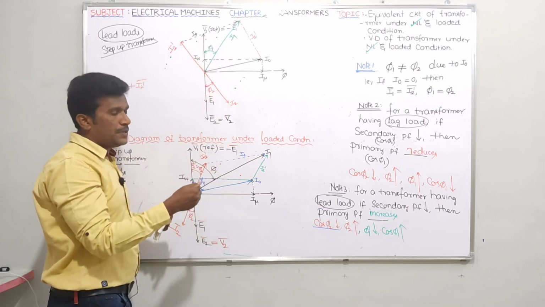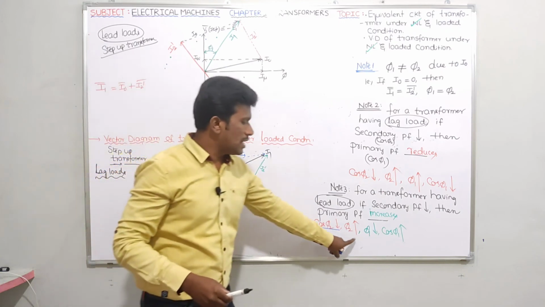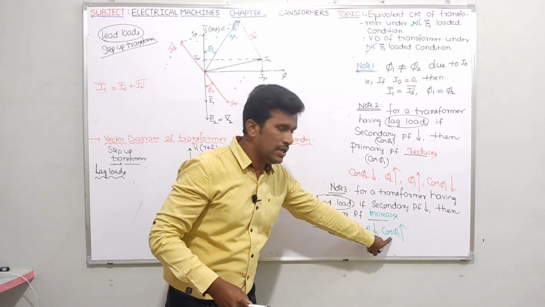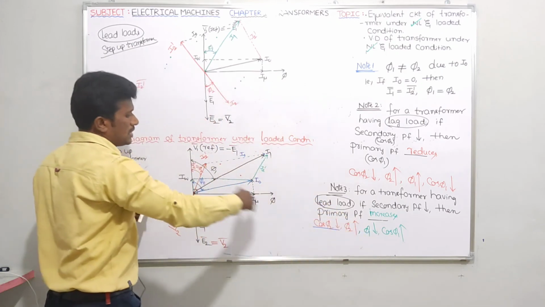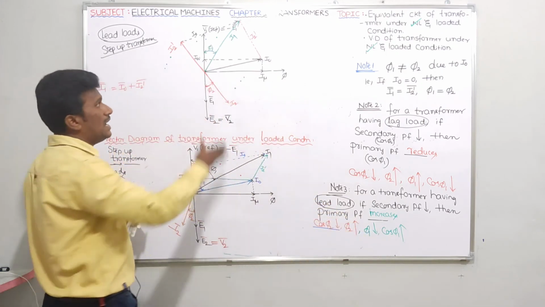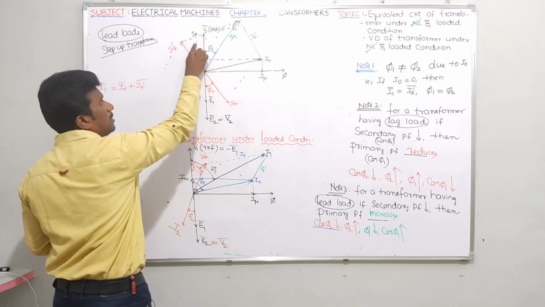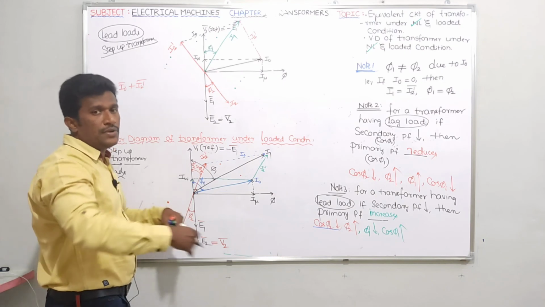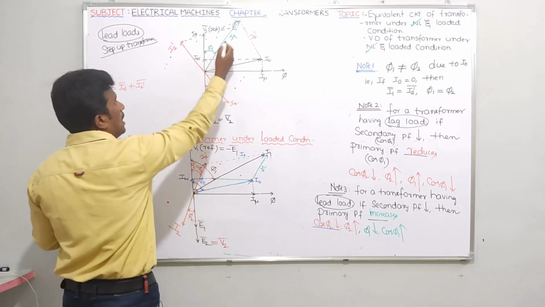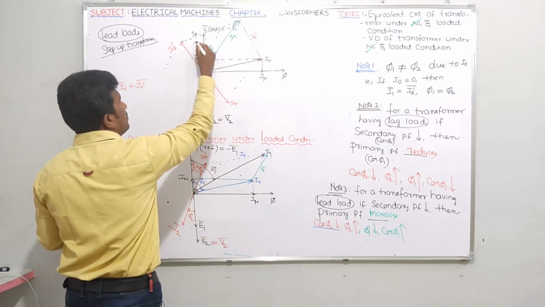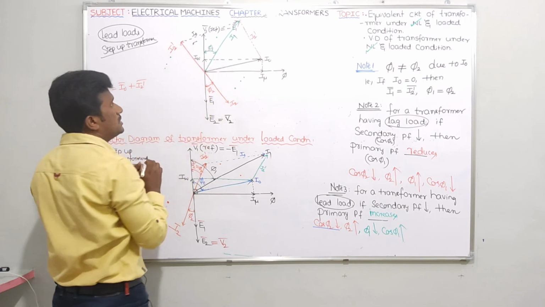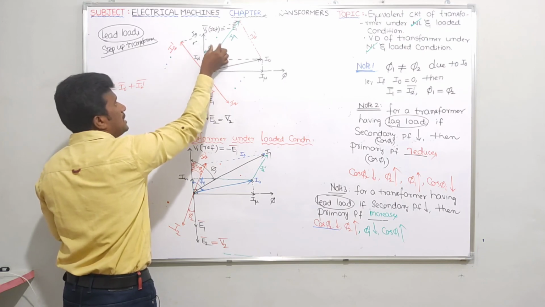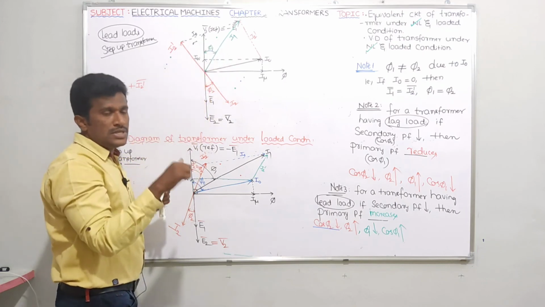If you reduce cos phi 2 a lot, pi 2 increases a lot, pi 1 reduces and cos phi 1 increases. Suppose you reduce cos phi 2 a lot, there are chances that I1 will cross V1. If you are still reducing cos phi 2, I1 keeps coming this side, and between V1 and I1 the angle is reducing, pi 1 is reducing, cos phi 1 is increasing.